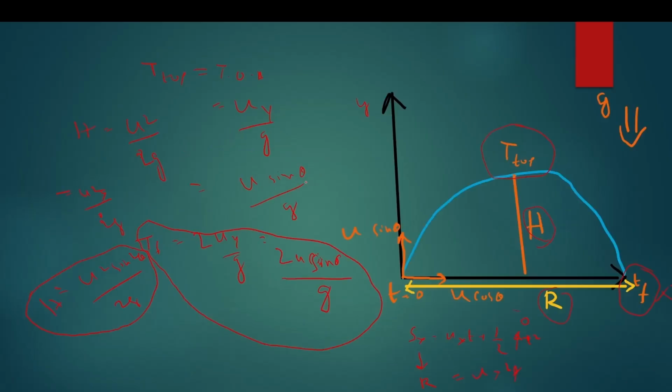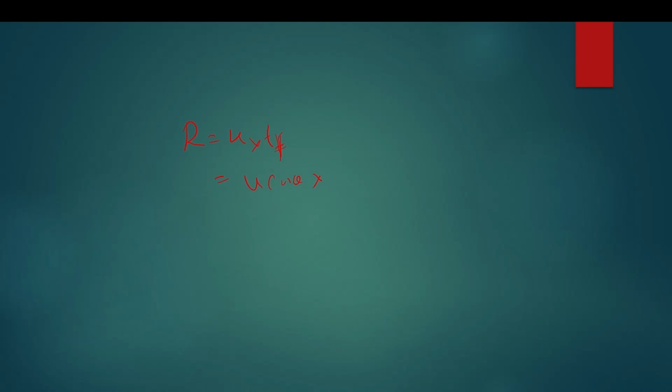Now in the earlier equation we have found that tf equal to 2u sin theta by g. So we will put here tf equal to 2u sin theta by g.